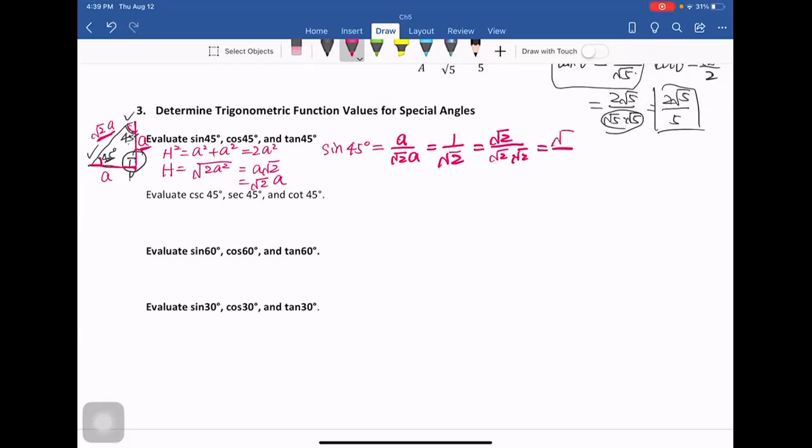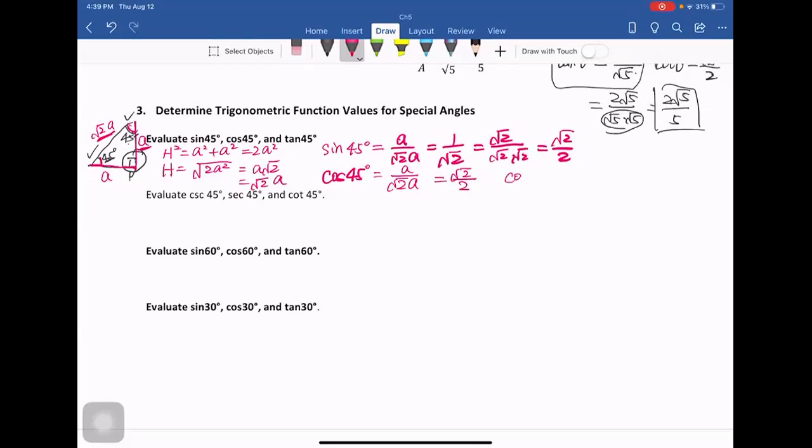That's square root of 2 over 2. And cosine 45 degrees equals the adjacent, that is a, over square root of 2 times a. So the same answer, square root of 2 over 2.